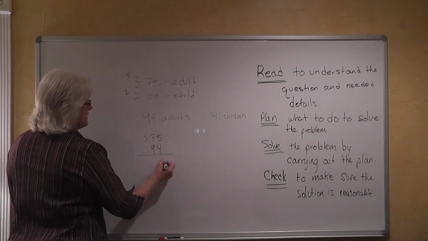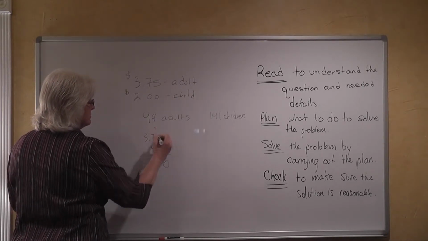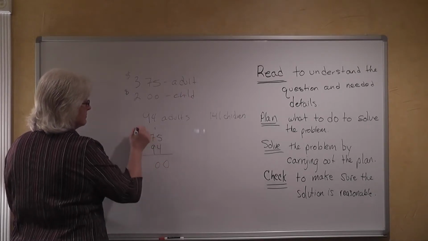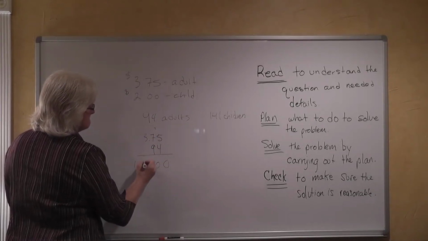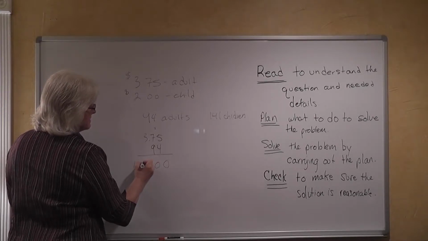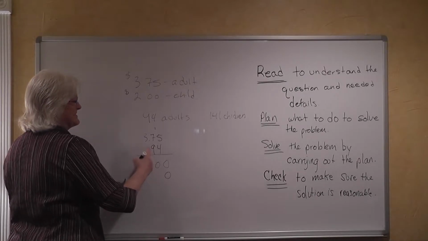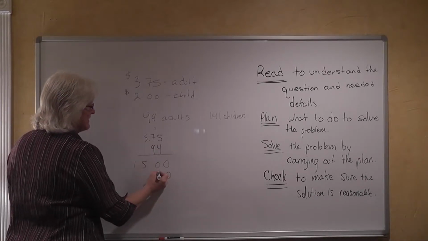So, 4 times 5 is 20, carry 2, 28, 30, carry 3, 15. See, this is making me a little bit nervous here. 9 times 5 is 45.